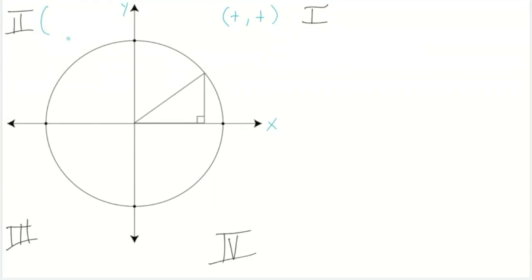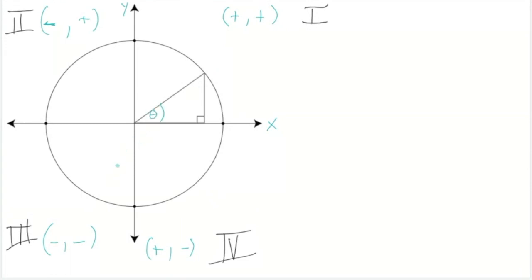So I know here on the left side, x is negative, but y is still positive. In this quadrant, they're both negative, positive, negative, like that. So you see here, since sine is y, y is positive here, and y is positive here. So in quadrants 1 and 2, sine is positive. And we'll talk about that after we do this.